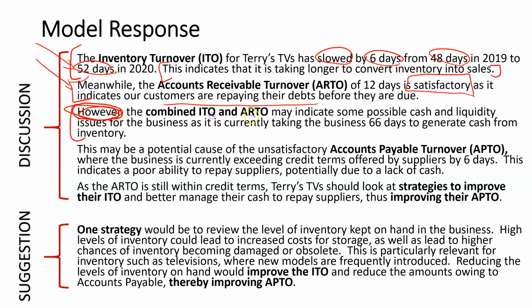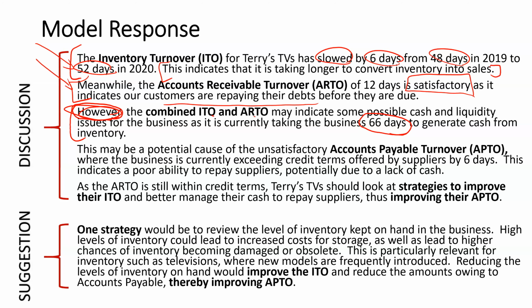When I look at the combined inventory turnover and accounts receivable turnover, this tells me that it might have some possible cash issues. And the reason why is even though my accounts receivable is doing okay against the measures, when I think about it in conjunction with my inventory turnover, I can see it's taking me over 2 months to turn that sale or that inventory into cash in my pocket.